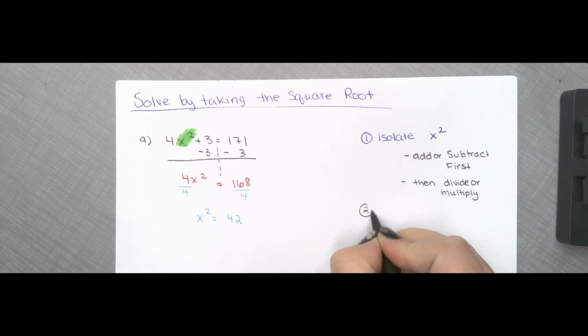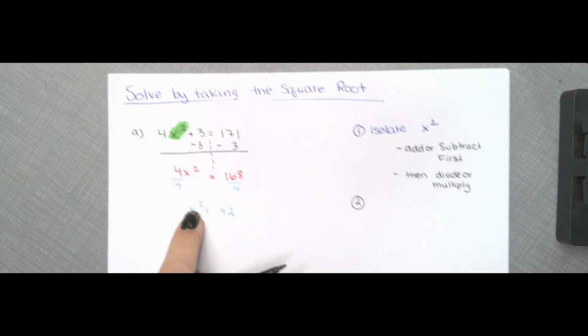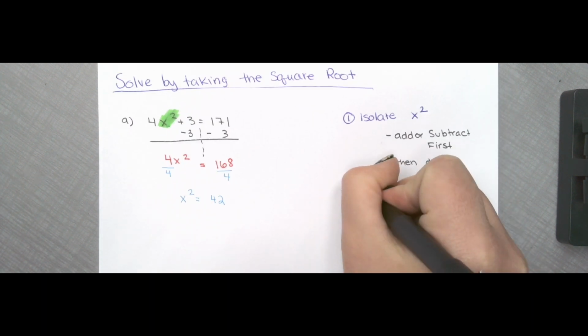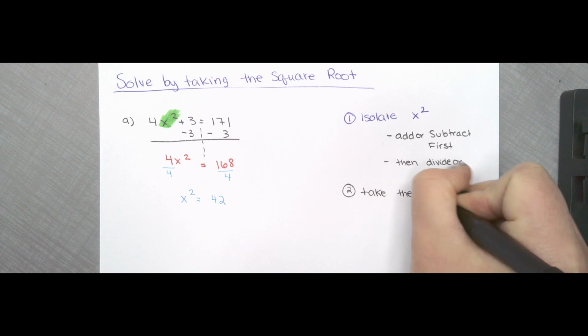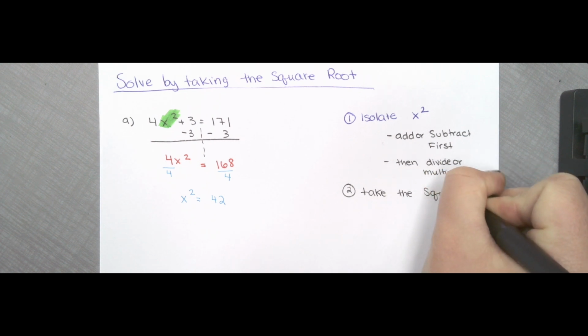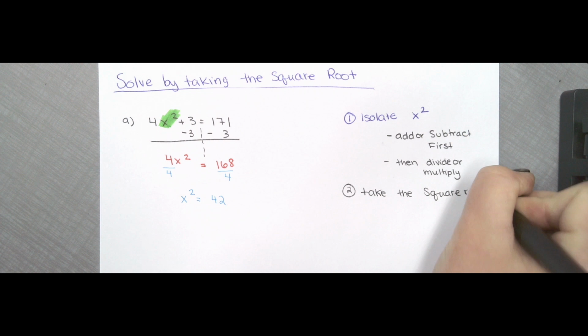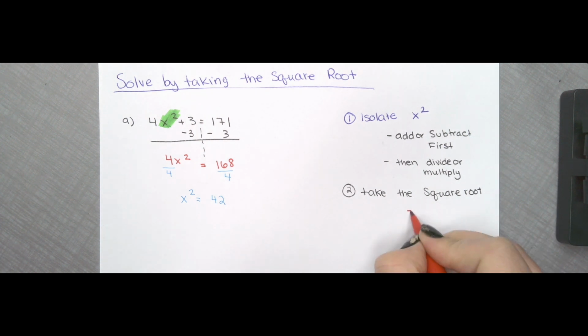Step number 2, once you have your x squared by itself, you're going to take the square root, and remember, whenever you take the square root of both sides, you have that plus or minus that appears.